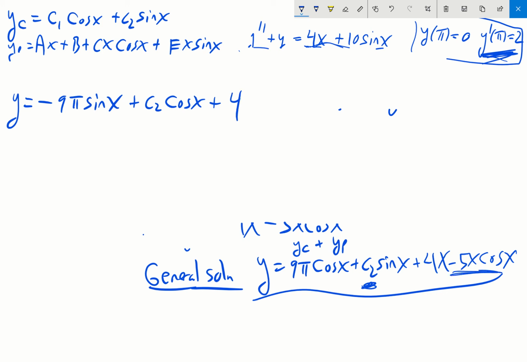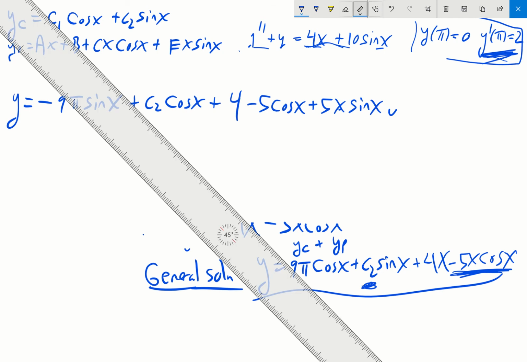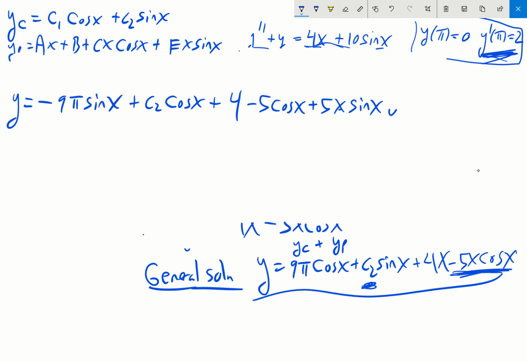And now for this last term, we need to use the product rule. The derivative of negative 5x is negative 5. Leave the cosine alone. And then it will be negative 5x times the derivative of cosine, which will be negative sine. So this will turn into a positive 5x sine x. So that's y prime.